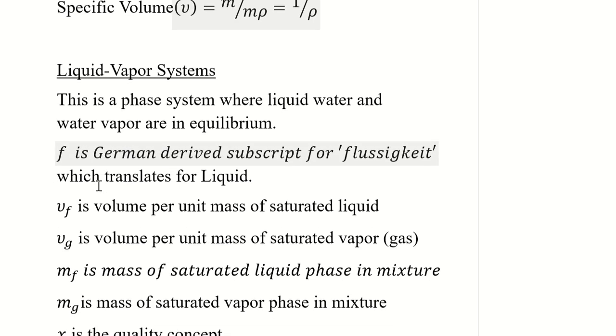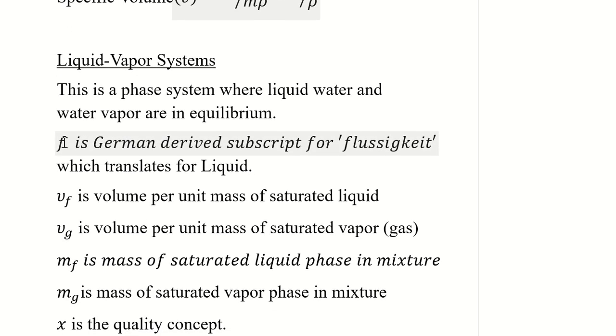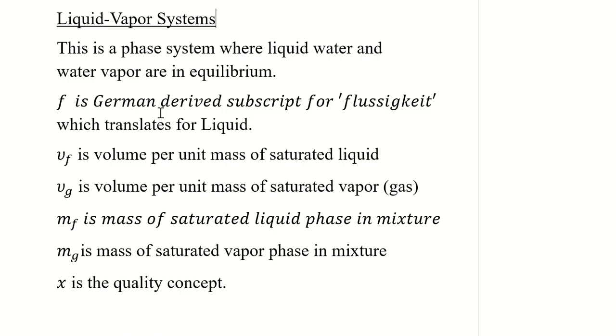Here you will see us use the subscript f, and you ask yourself why f. Much of this physics was developed by physicists in Germany, and they got to name things in their language. So f is a German-derived subscript which translates to liquid.